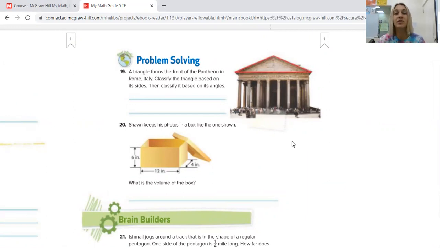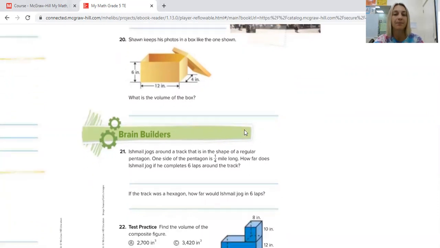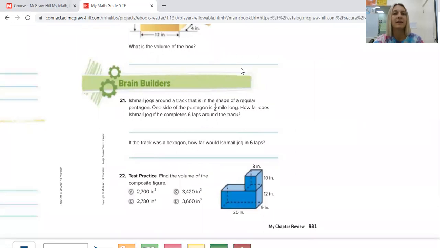If it is an obtuse triangle or an acute. Acute means all angles are smaller than 90. Obtuse, it has one angle bigger than 90 degrees. Sean keeps his photo in a box like the one shown. What is the volume? Remember, length times width times height. And make sure you have that label we talked about on Thursday.